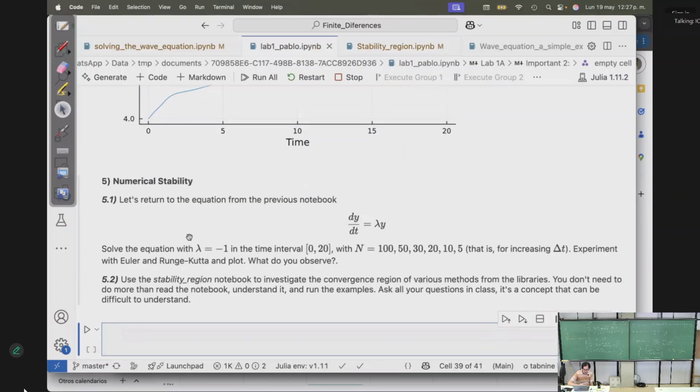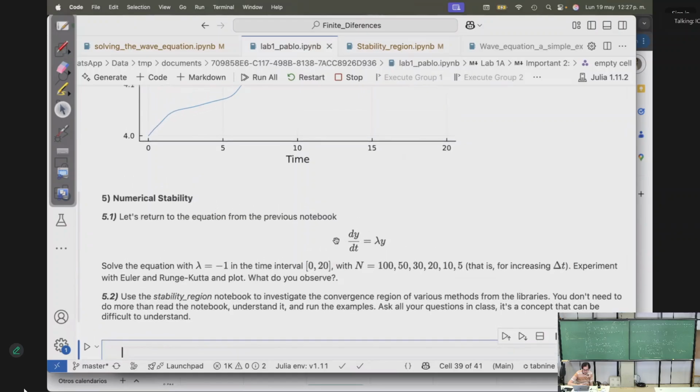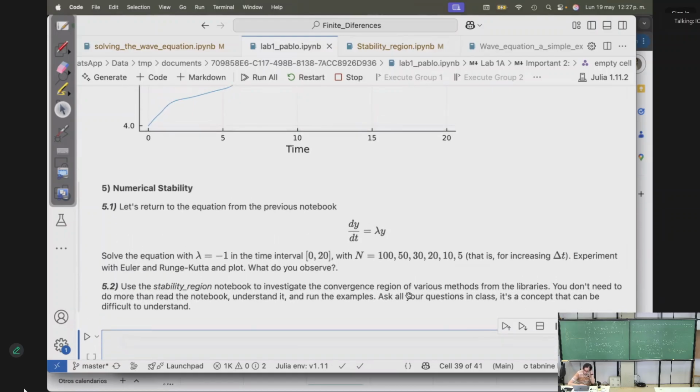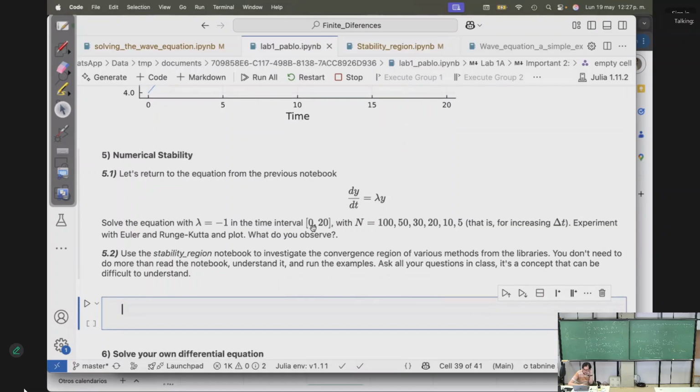So here we want to return to the equation, for example, on the notebook, dy over dt equals lambda times y, and we try to solve the equation with lambda equals minus 1 in the interval 0 to 20, okay, and we want to try with Euler and Runge-Kutta and just plot here.